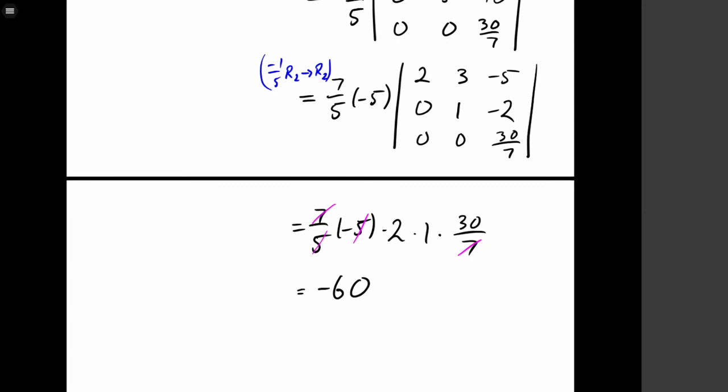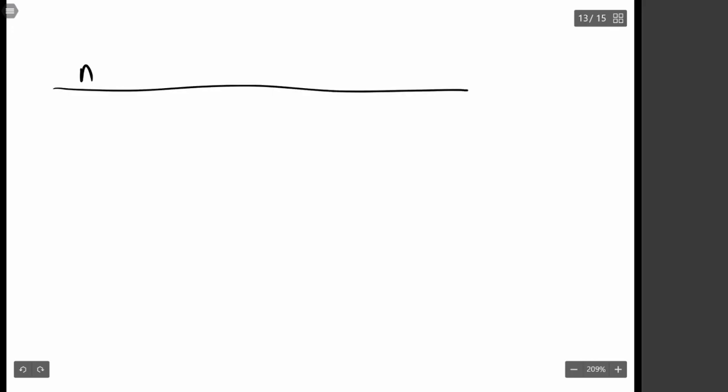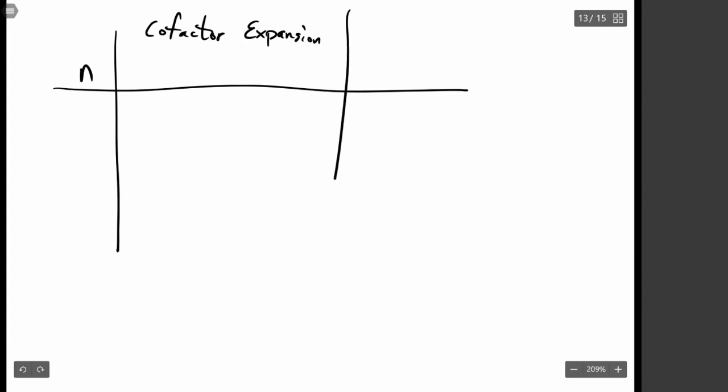But before I do that, I want to talk about why you might be interested in row operations instead of straight up cofactor expansion. So why might that be interesting? Well, there's a really neat table in the book that I want to share with you. Here, we do it by cofactor expansion alone versus row operations.